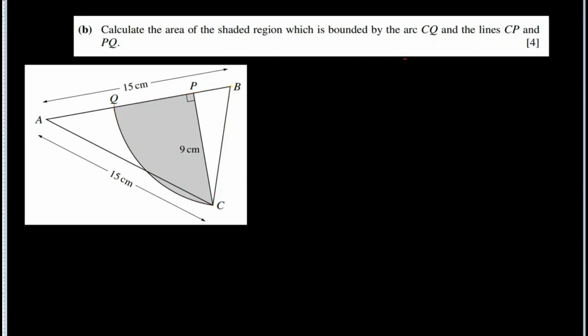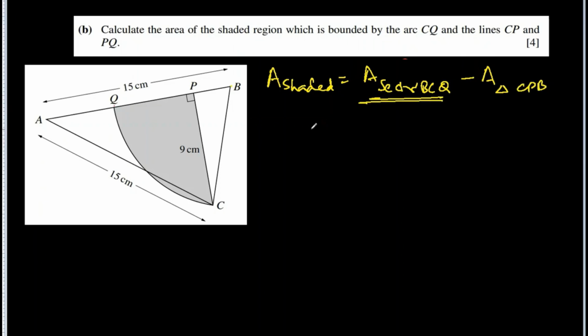Okay, so area of the shaded part will be the area of the sector BCQ minus area of the triangle CPB. So let's find the area of the sector BCQ first.